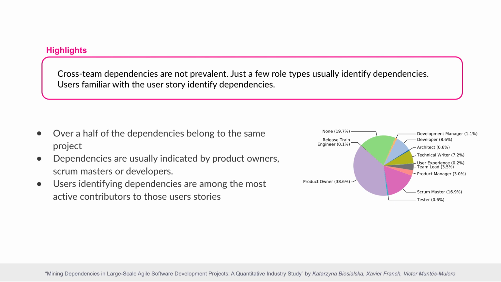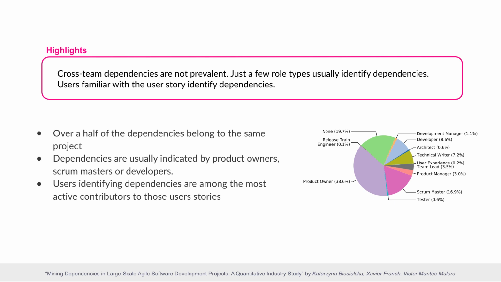Team composition may differ from team to team, but the type of roles identifying dependencies is limited. Basically, it boils down to three roles such as product owners, scrum master, and developers. And these roles cover over 64% of all declared dependencies.